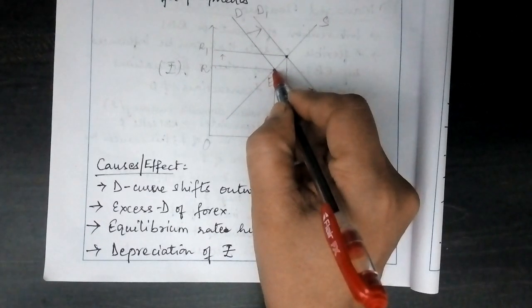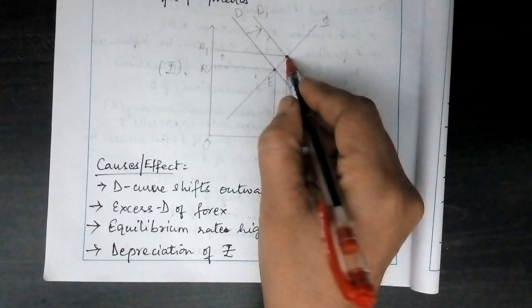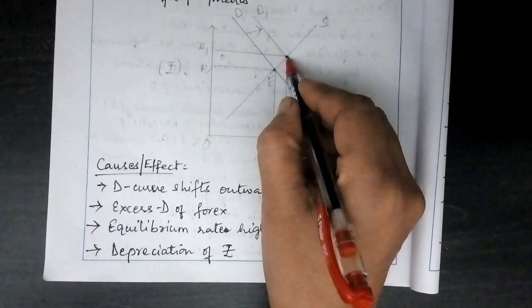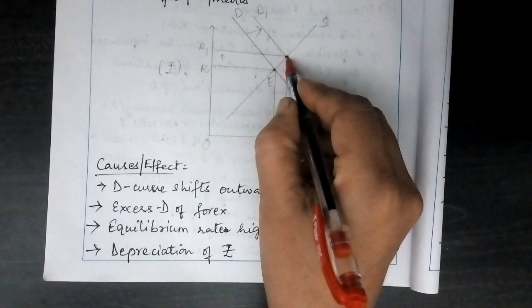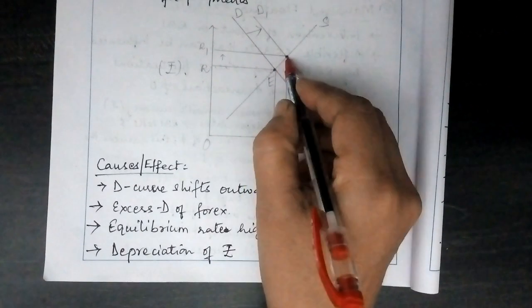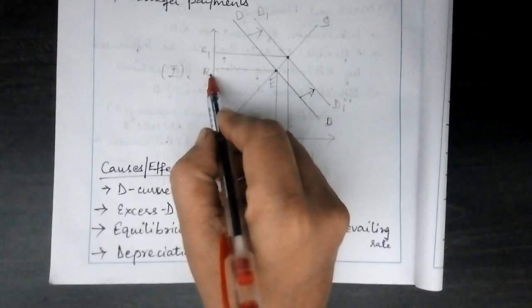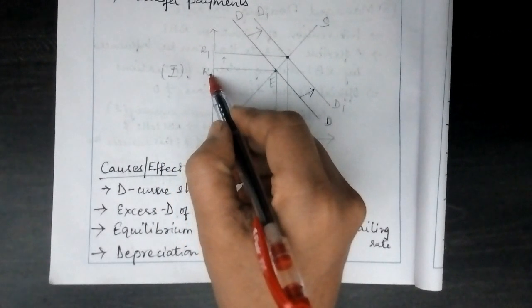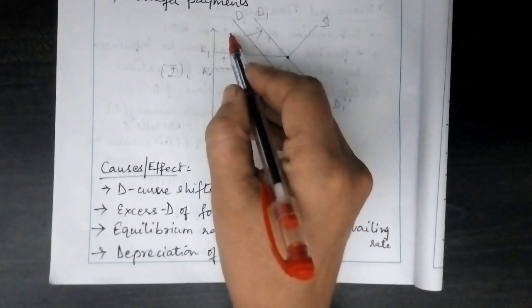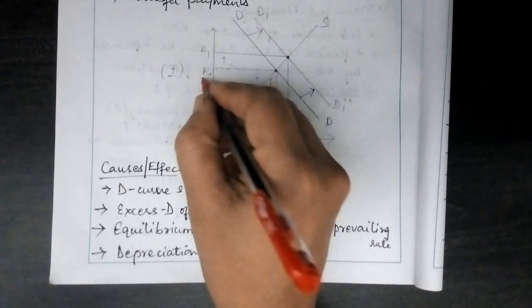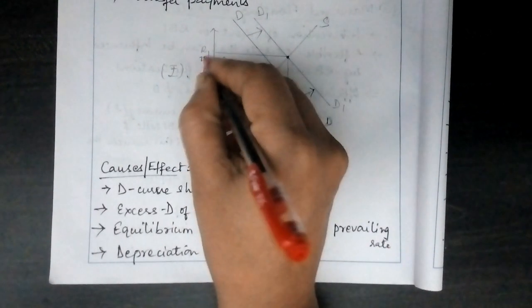This was the original equilibrium point, and now it shifts upward, that is to this point. At this point, the exchange rate is higher than the previous rate or the prevailing foreign exchange rate. Thus, there will be a rise in the foreign exchange, let us say from 70 to 75.